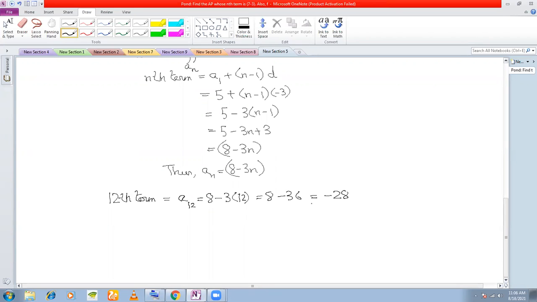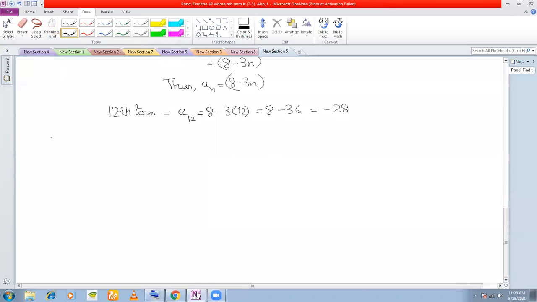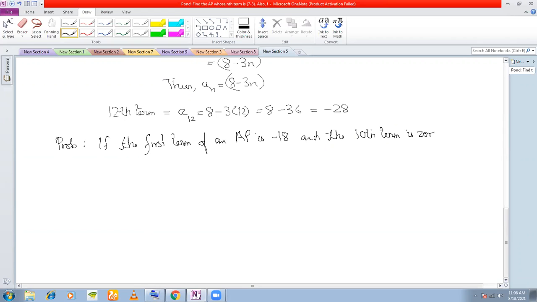Let's see the next question here. The question is, if the first term of an AP is minus 18, and the 10th term is 0, then find its common difference.